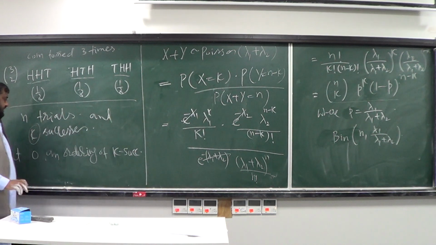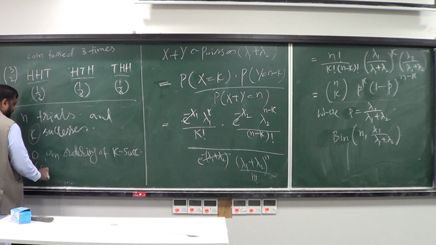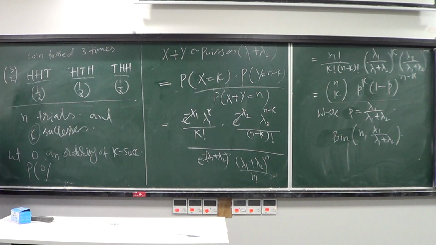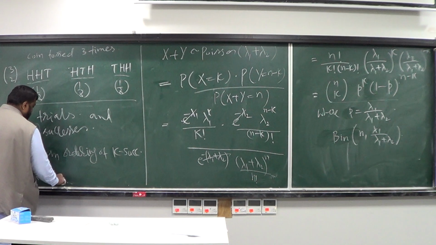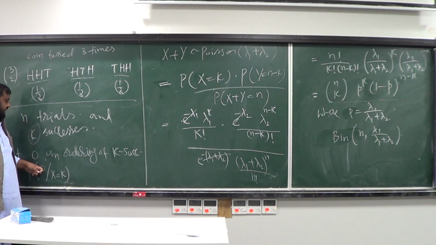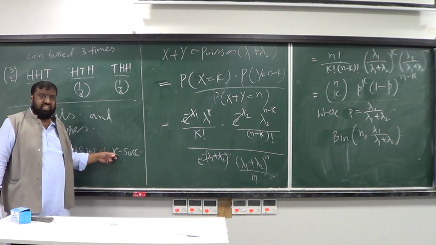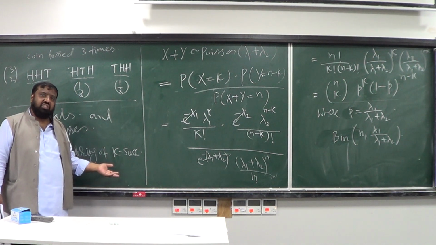Okay, k successes. Then I want to know what is the probability of an ordering, a particular ordering, given that there are k successes. So O is one particular ordering in which you have k successes and n minus k failures.